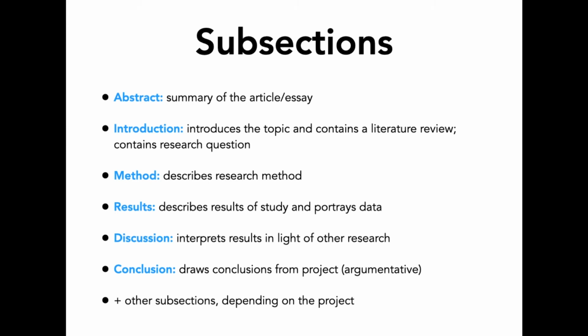And then you can add other subsections depending on the project. So if you want to expand your introduction to have subsections to cover different topics, you can do that. But this is the basic format. And so I recommend pausing here and writing this down.